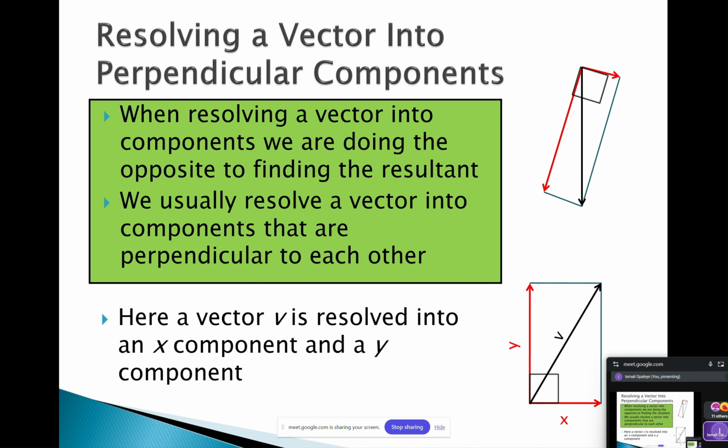I had already explained that this is the vector v. You want to resolve to the vertical, that's this one, and also to the horizontal, that's this one. To resolve, remember you're going to use the angle of inclination to the horizontal, which is this one here. So you have this one to be v sin theta, and this one to be v cos theta.